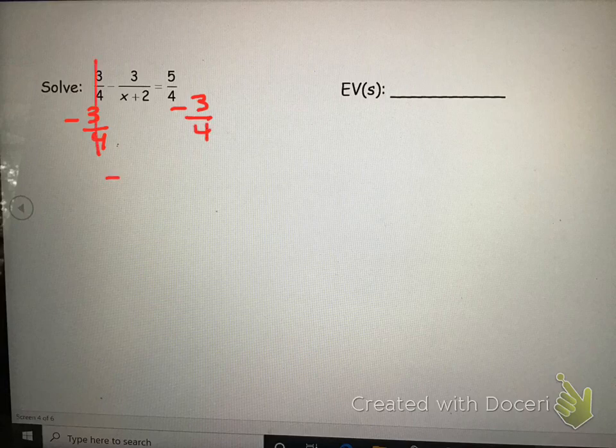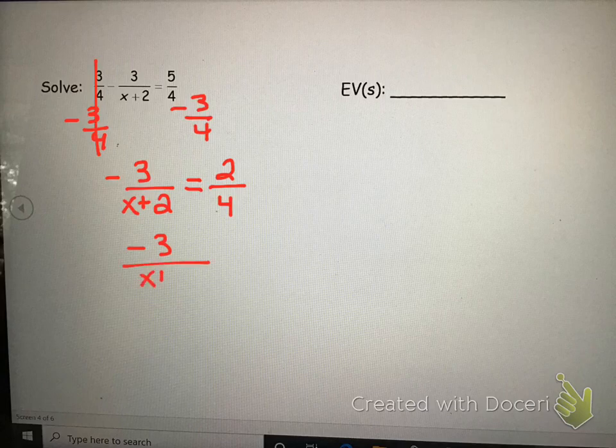And so on the left side, I will now have negative 3 over x plus 2. On the right side, 5/4 minus 3/4 is 2/4, which of course would reduce. So really what I have is negative 3 over x plus 2 is equal to 1/2. And so I didn't actually have to give common denominators to turn this equation into a proportion.